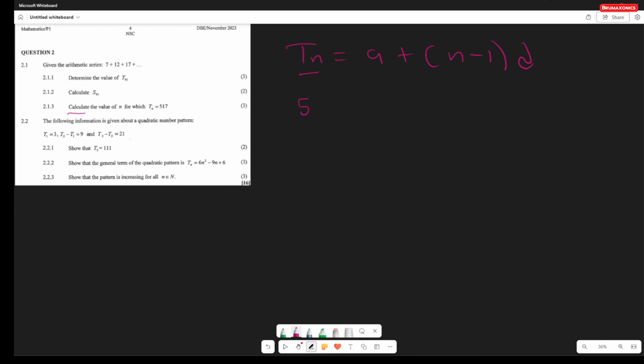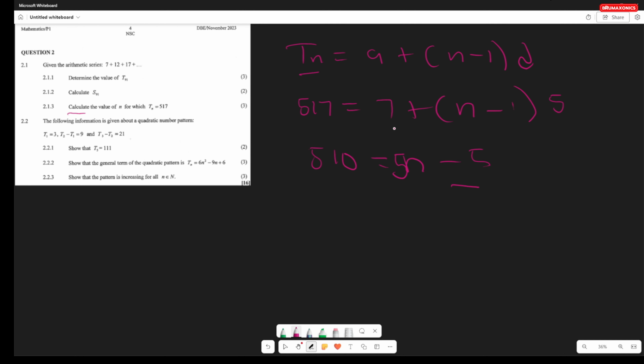Tn will be 517, which is equal to 7 plus the value of n that we are looking for, times the difference. Now we take 7 to the other side, and 517 minus 7 gives us 510, which is equal to 5n, because we have to multiply in here, so 5n minus 5.